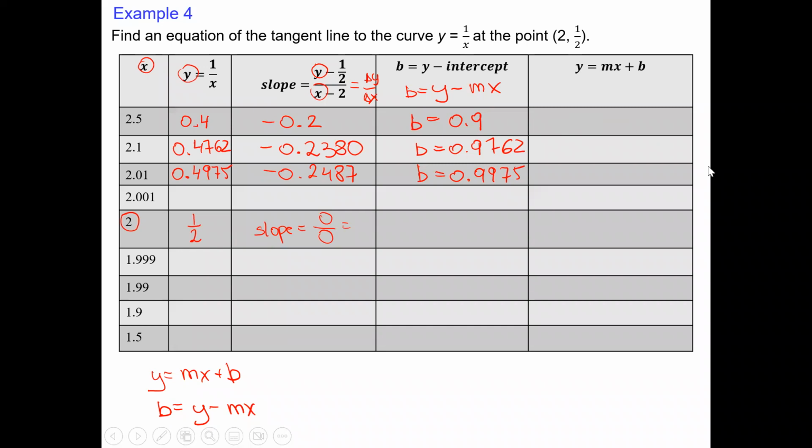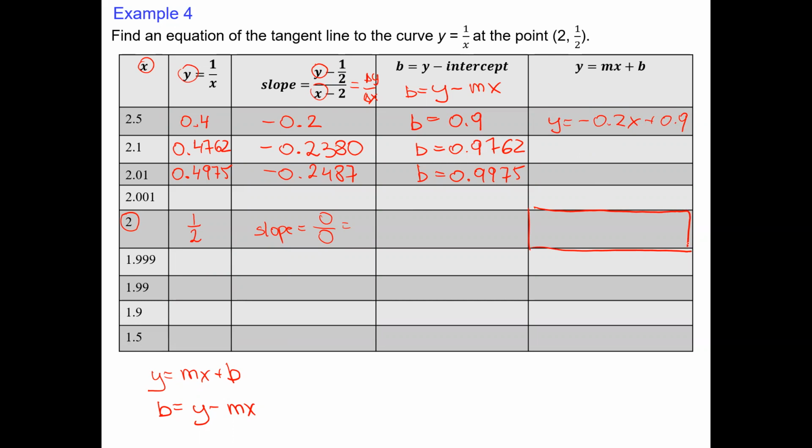We don't really need the equations of the secant. Don't worry to put them, because you have to put the slope. I can put the first one, the slope is 0.2x plus 0.9, but we don't have to copy. What we're looking for is this equation.